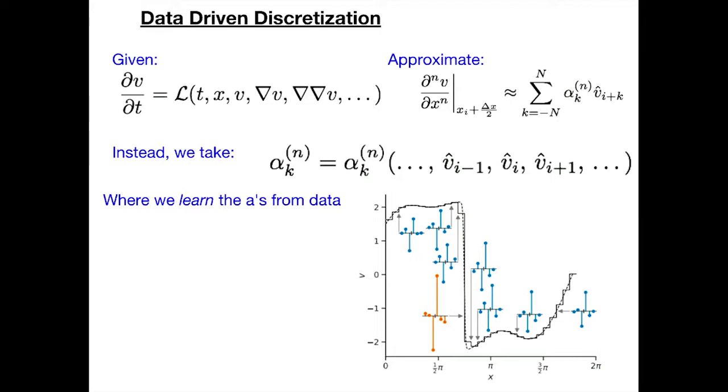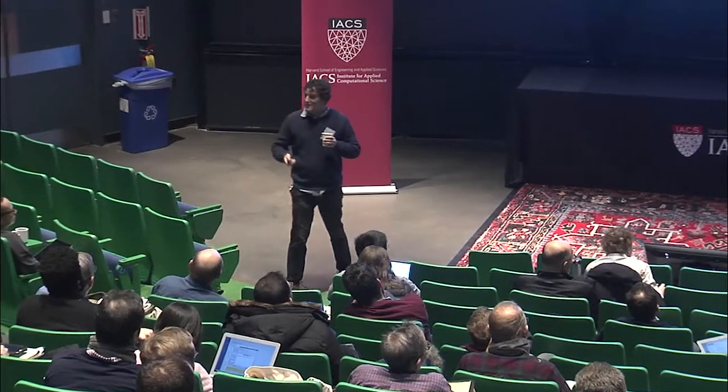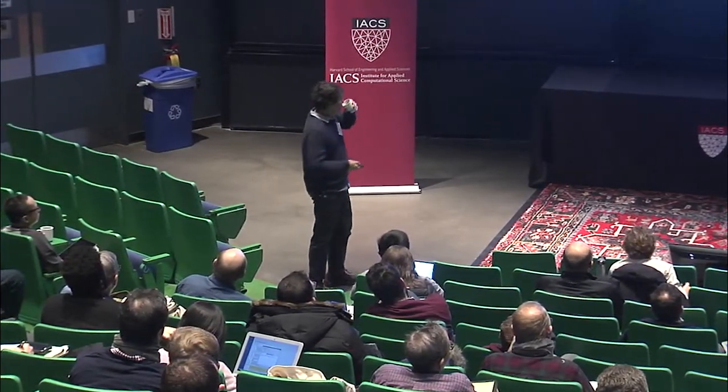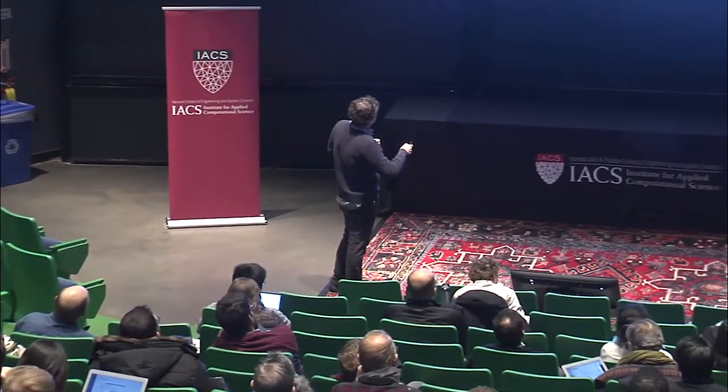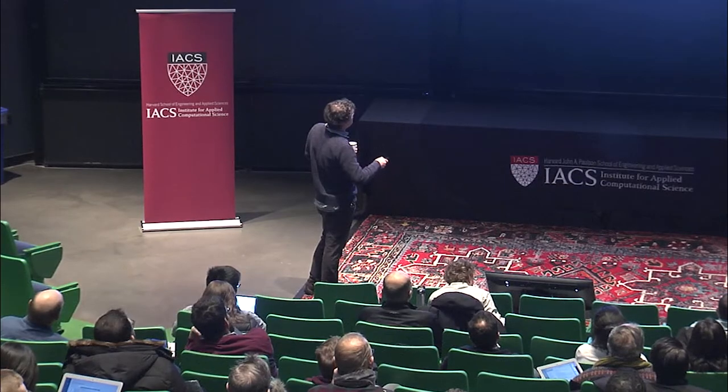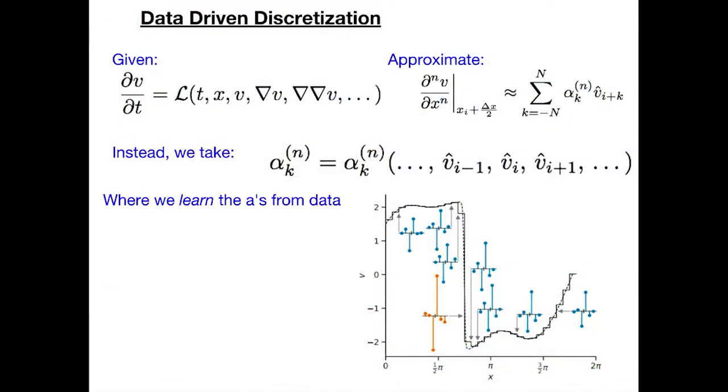So the point is, what we're going to do is tell the computer to please choose one, which is going to depend on the fields at that value of the mesh point, which means that the way one calculates derivatives is going to change from point to point. For example, this is a solution of Burgers' equation. The dashed line is an actual solution. The solid line is the discretization.